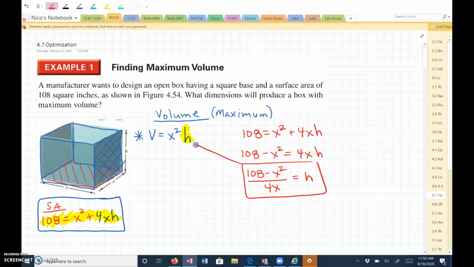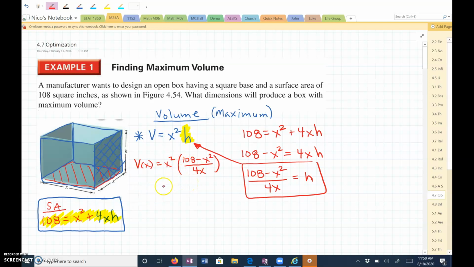Now I can take h, substitute it in here. So now this is going to become v of x equals x squared times 108 minus x squared all over 4x. Now this is a function in terms of x, so v of x.